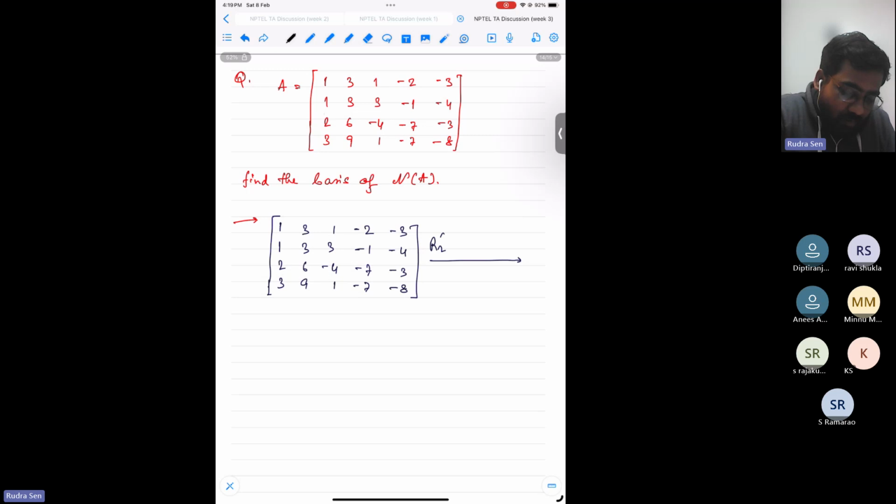So R2 is basically R2 minus R1. R3 is basically R3 minus 2R1. And R4 is basically R4 minus 3R1.